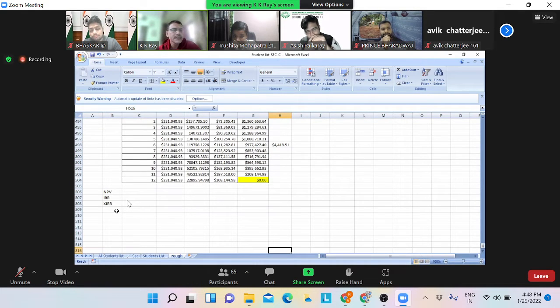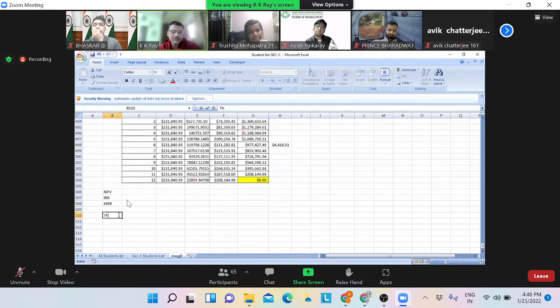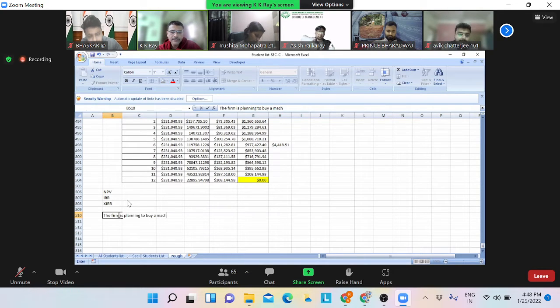Okay. Now we see NPV IRR, which is our corporate finance kind of stuff that we need. So let's see. Suppose I am just writing one example. The firm is planning to buy a machine costing suppose 1,50,000.